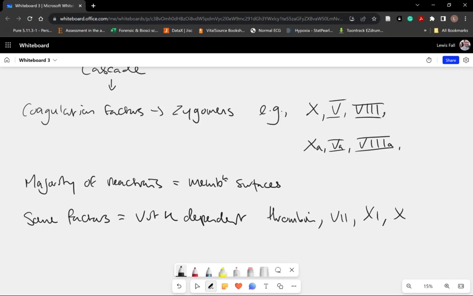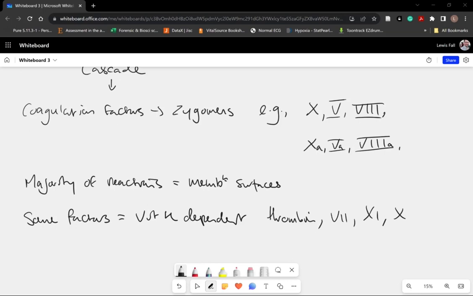And what does that mean? Well, it just means that they need vitamin K so that they can actually be churned out in the liver. In the lecture notes, I've actually put the whole cycle of vitamin K, and you're more than welcome to look at it. But what do I need you to know?